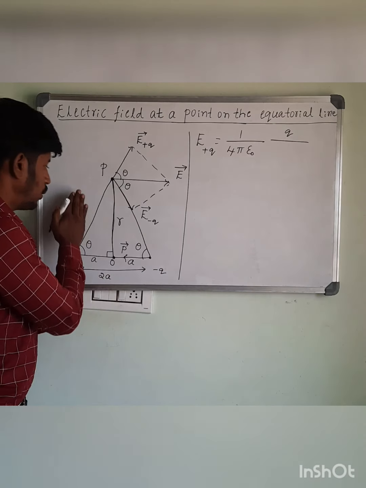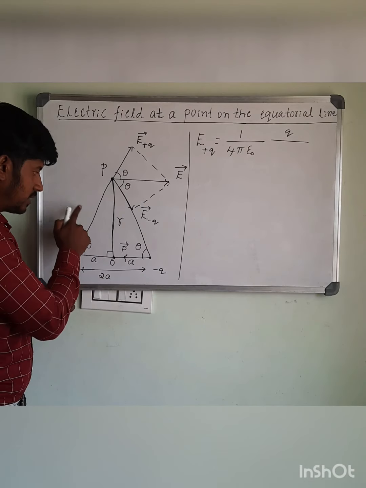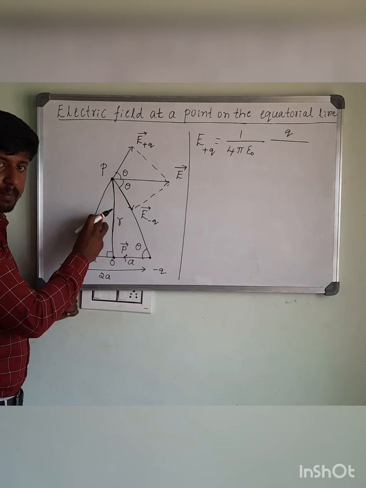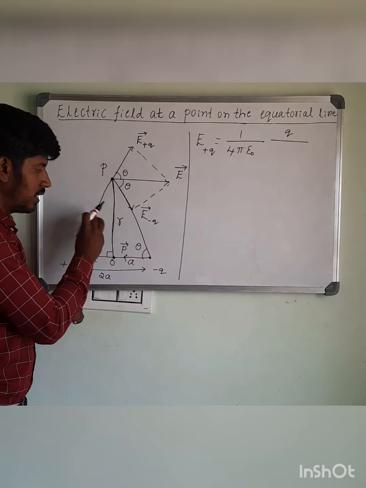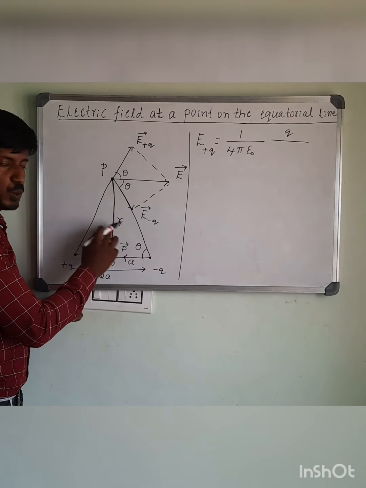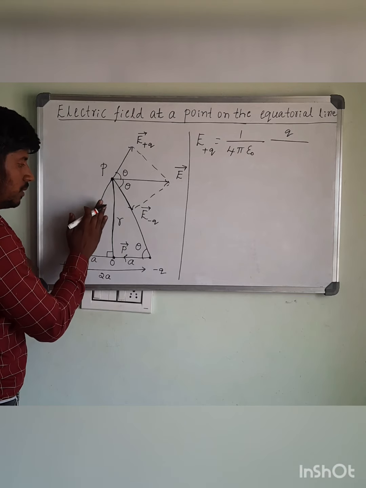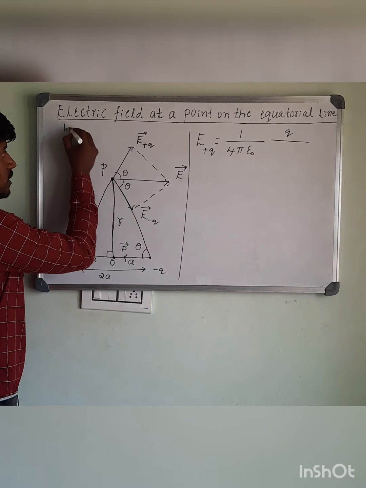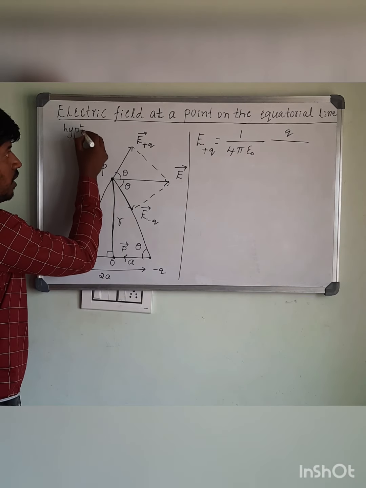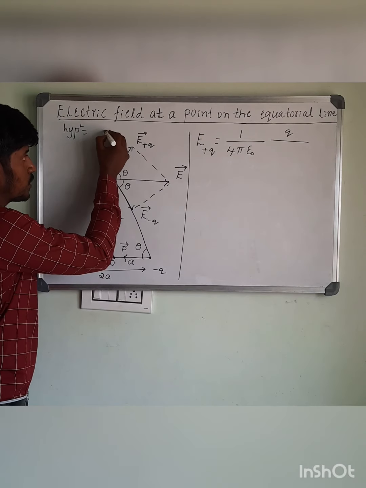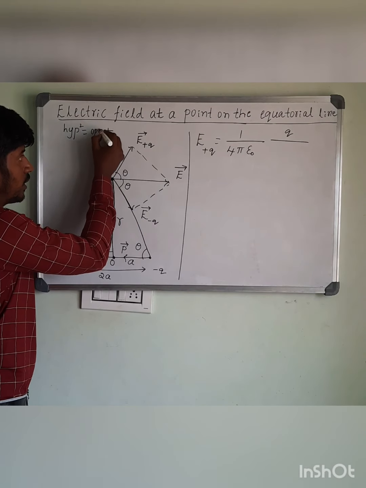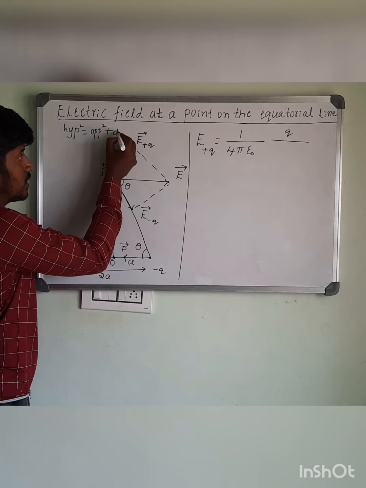But here we don't have any distance. To find this distance, apply Pythagoras theorem for this right angle triangle. These two are similar right angle triangles, remember. According to Pythagoras theorem, hypotenuse square is equal to the sum of opposite square and adjacent square.